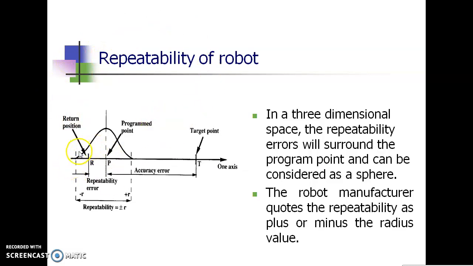So, for one axis it looks like a normal distribution curve, but if you are considering all the 3 axes, it is going to form a sphere, and the radius of the sphere is repeatability. The robot manufacturer quotes the repeatability as plus or minus the radius value. So it is plus or minus r.